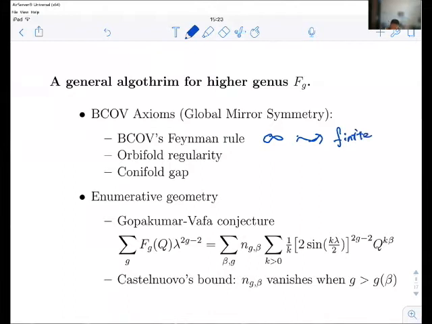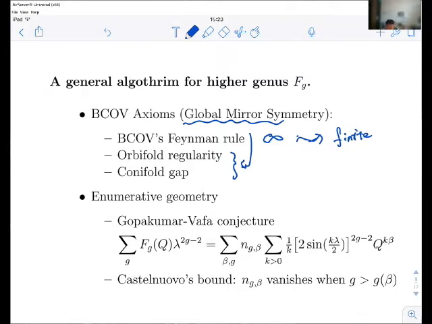And then they consider the so-called global mirror symmetry. The global mirror symmetry here is mainly mentioned in these two parts. For example, they call something the orbifold regularity or the conifold gap. This means that there is some geometric theory at other points in the global B model.